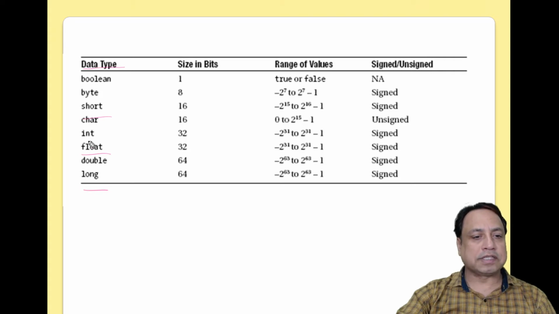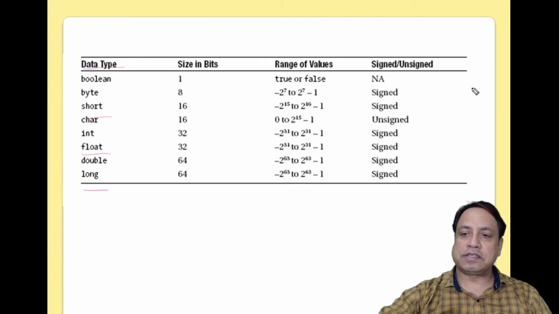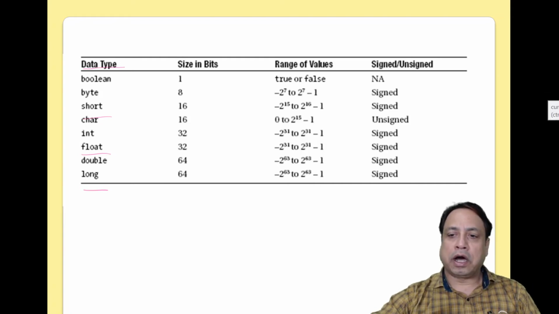The float and double are the same as they were in C language. The float is taking 4 bytes, double is taking 8 bytes, and long is taking 64 bits, meaning it is taking 8 bytes in memory. So let us see programmatically how these variables are used.